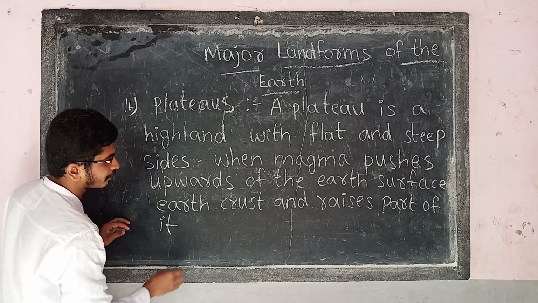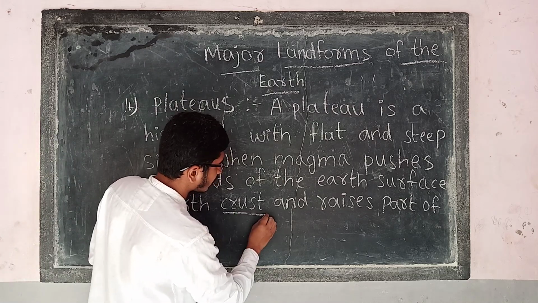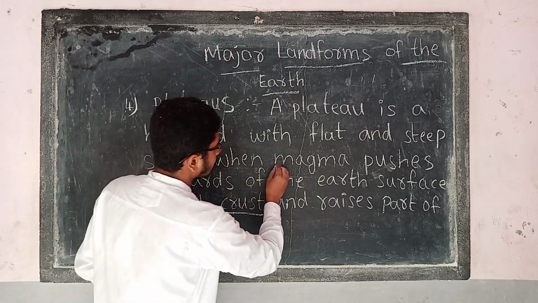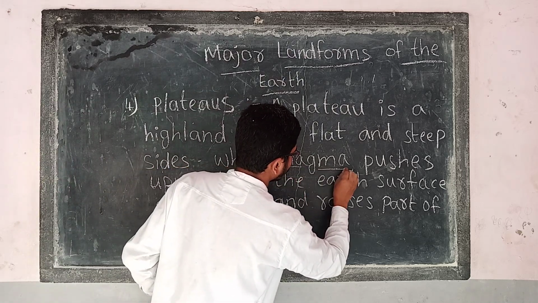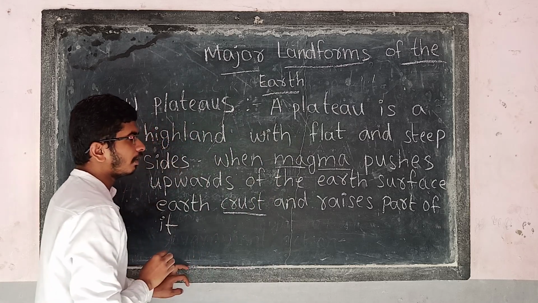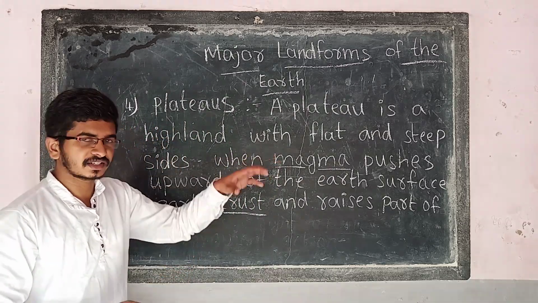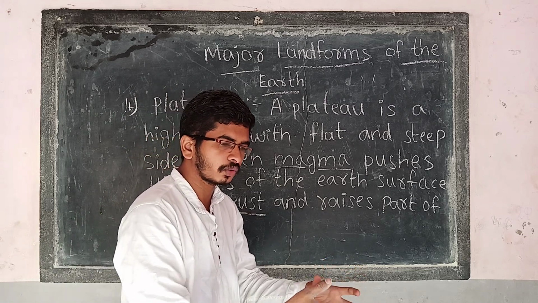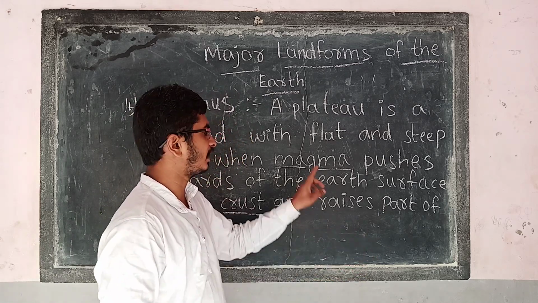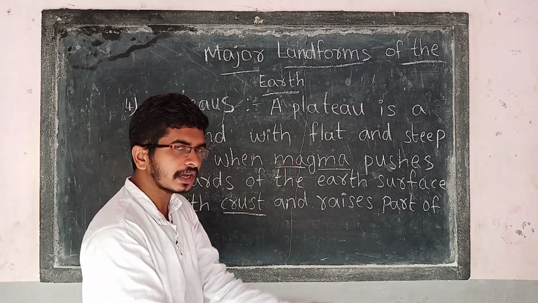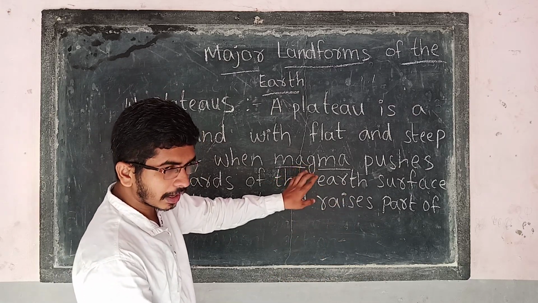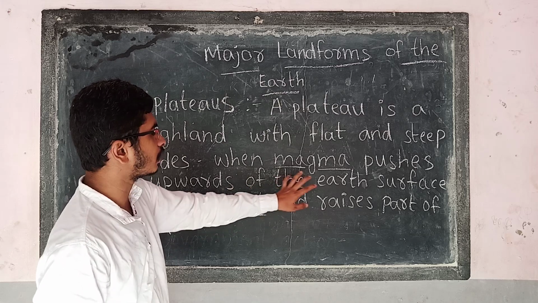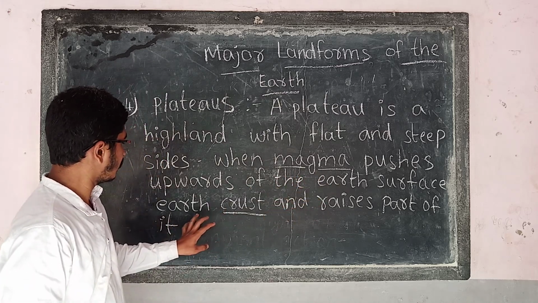So here you can find the hard words. Crust, what is crust? And you can see magma, as I said, will come from deep, where it is very hot. Due to extensive heat inside, it will come upside. When the magma pushes upside, it will come above the land surface, upwards of the earth surface.